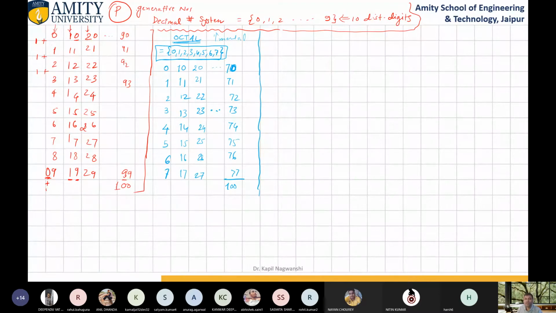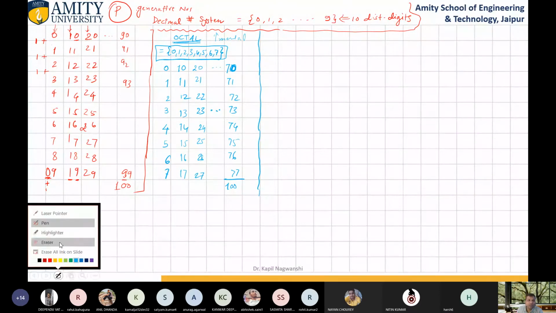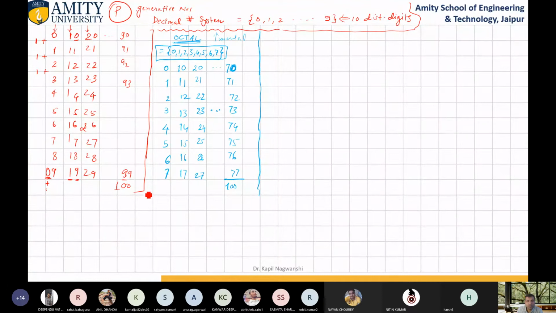Now let us see one addition problem. Let me add two numbers in decimal number system. How do we add? Suppose two numbers are given, very small numbers, 79 plus 82. These are the numbers we need to add.